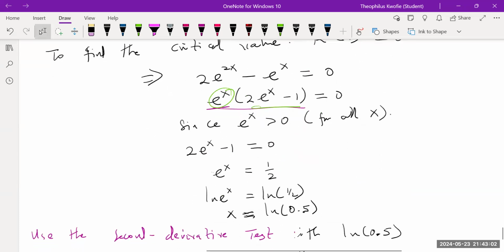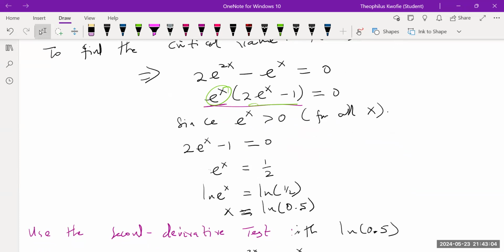So it's the only thing that we're going to rely on. And when we went here, since we want to find x, we take the natural log on both sides. The reason why we're using the natural log on both sides is because e and the natural log are inverses of each other. They always cancel themselves. So the wisest way to solve this is to apply the natural log. So that will cancel that, and you only have the x on one side.